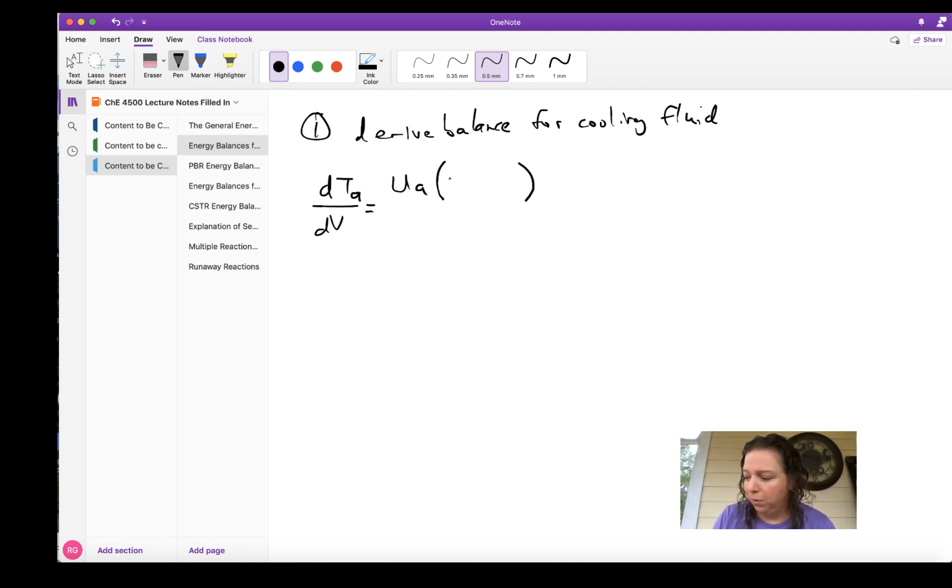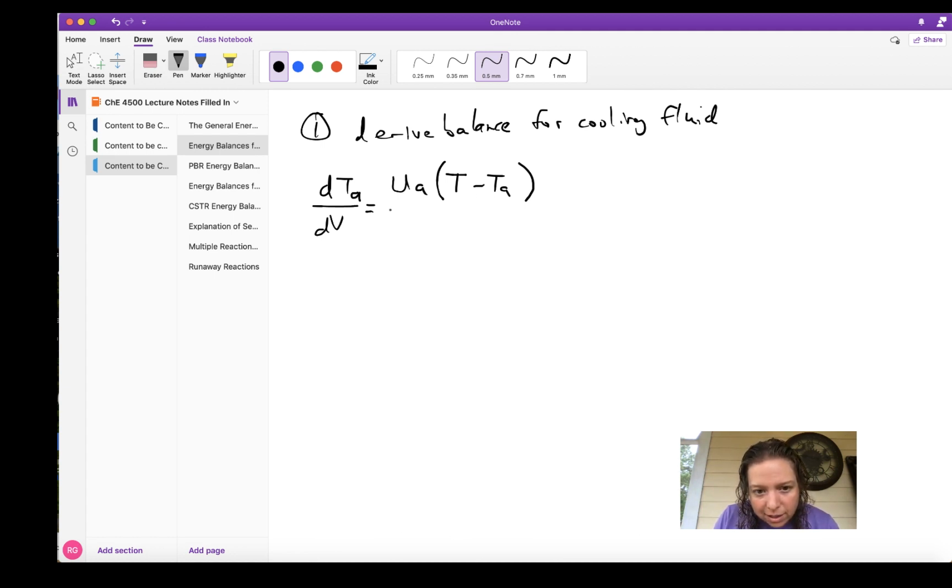Because of that, we write this the opposite way as we did before. We're going to say T minus TA. Again, this is done to ensure that the derivative of TA with respect to volume either increases or decreases based on the instantaneous temperature difference at that point in the reactor.